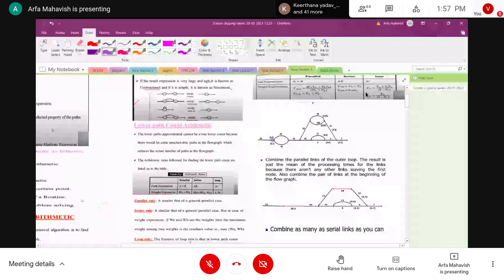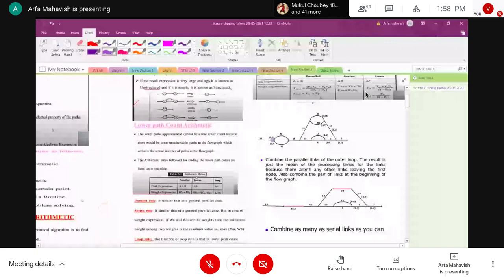We have done the previous step, then we combine all the previous parallel links, so we will get the outer loop. Whenever we combine the parallel loops, we do the multiplication.